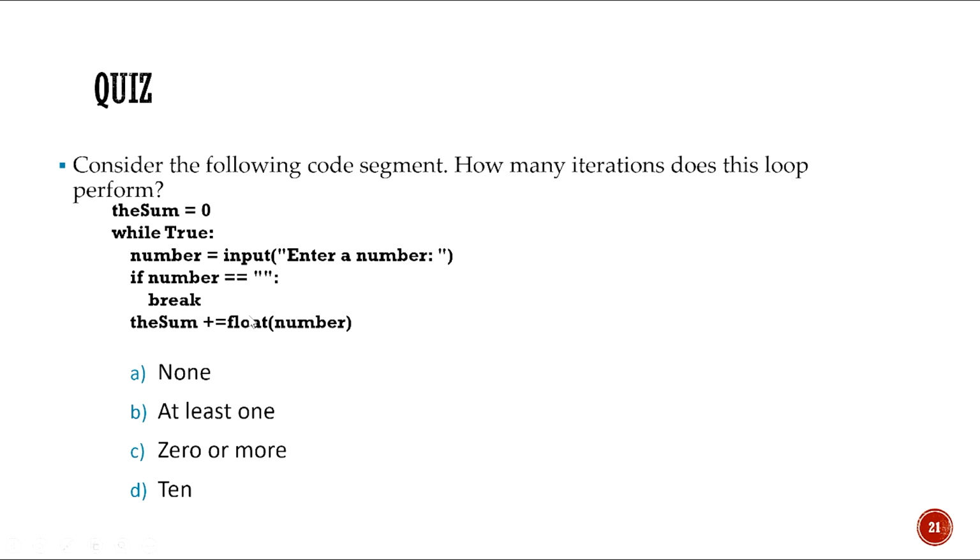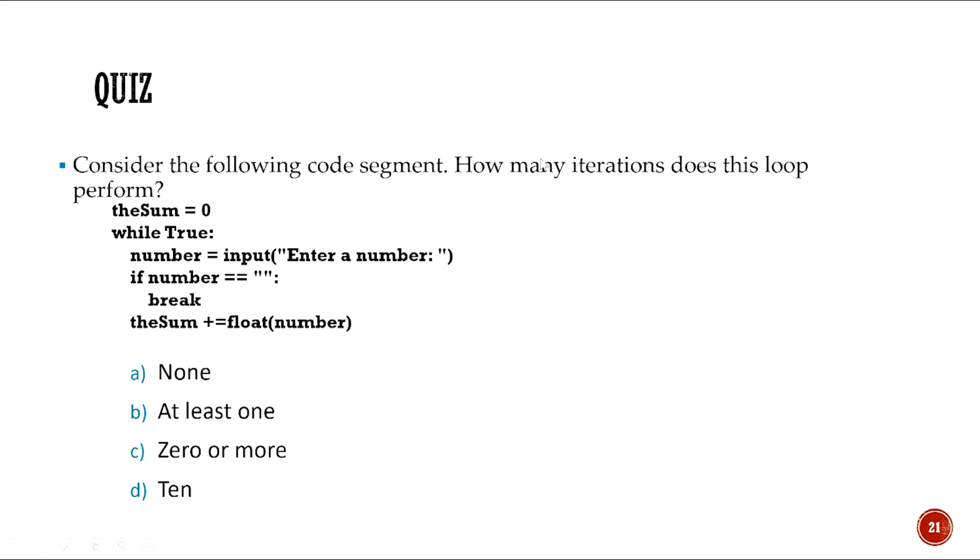So we will have an augmented assignment. The sum equal to the previous value plus the number. So you can keep continuing this until the user enters nothing. So it's empty. If the number is equal to empty, then break. It means that now you leave the while loop.